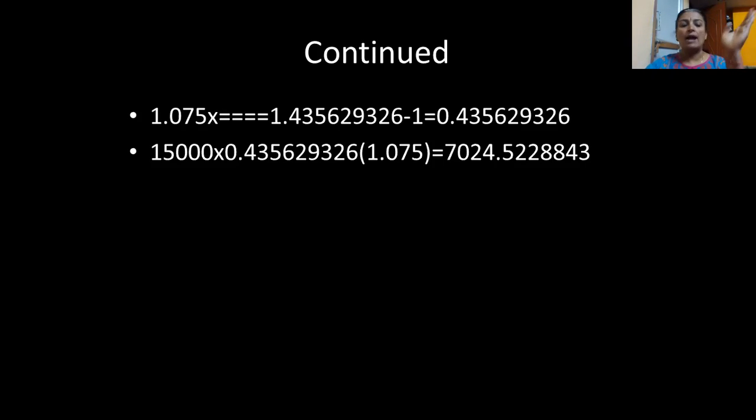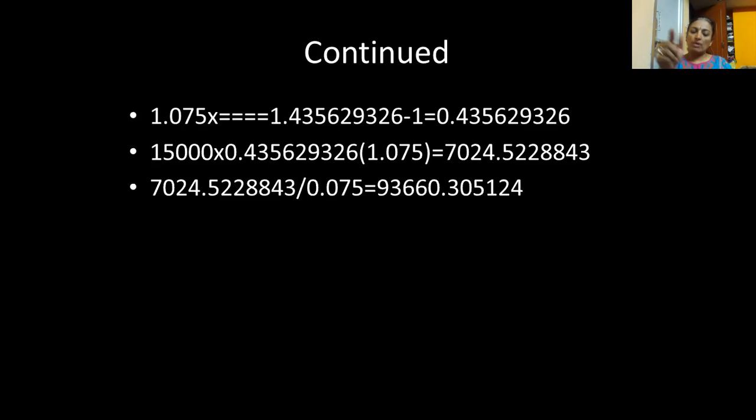Minus 1 gives 0.435629326, and it should be multiplied by 15,000, and again multiplied by 1.075. Then you will get 7024.5228843. It should be divided by I, that is 0.075, and you will get the answer as 93,660.305124. This is the answer, and I hope you have understood how we have solved it.